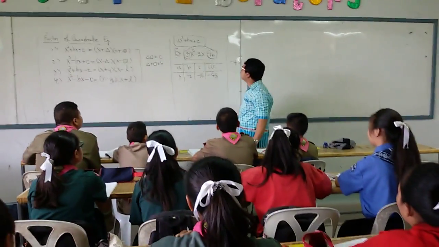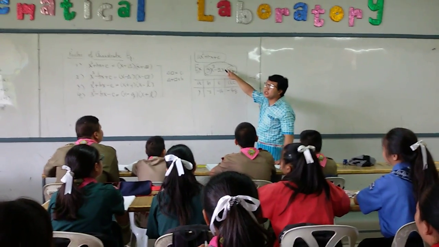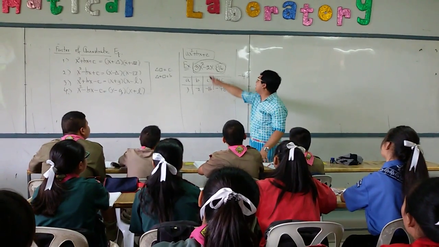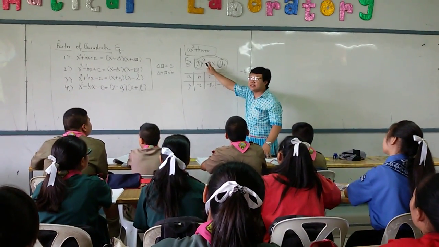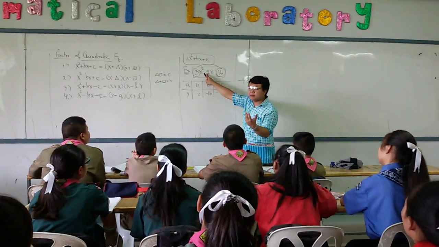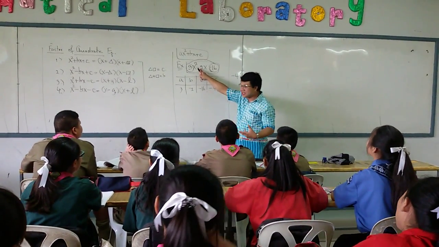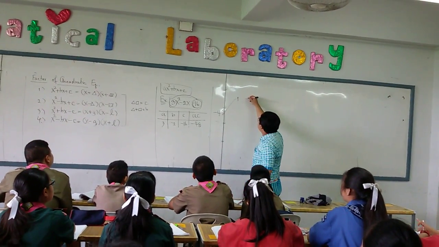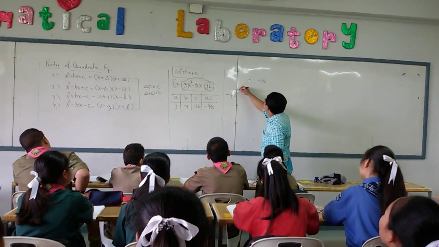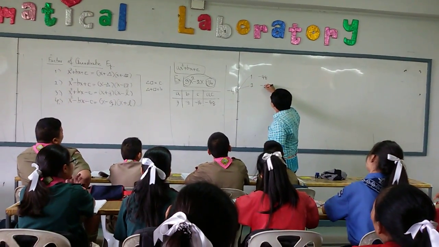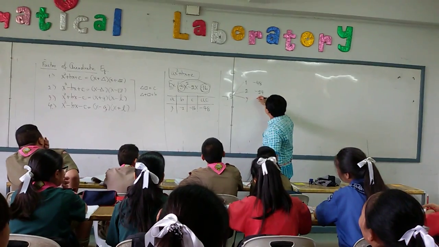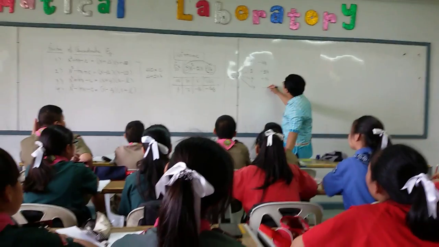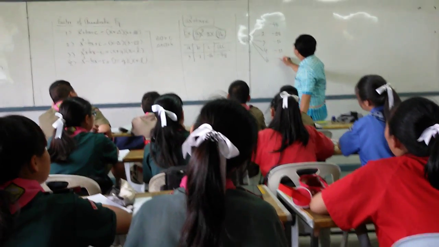We consider the sign: positive or negative? Negative. Yes. So the pairs are 1 and negative 48, 2 and negative 24, 3 and negative 16, 4 and negative 12, and 6 and negative 8.